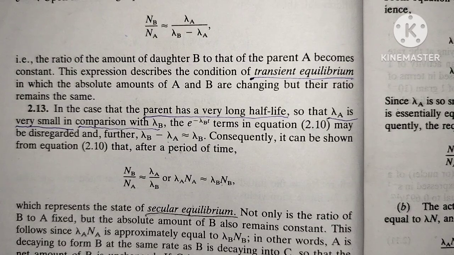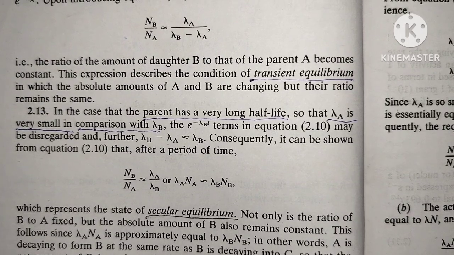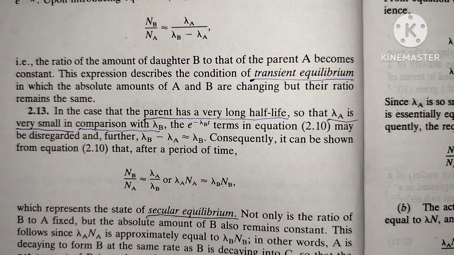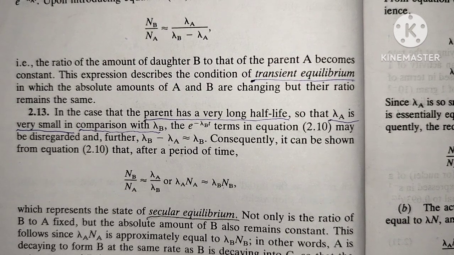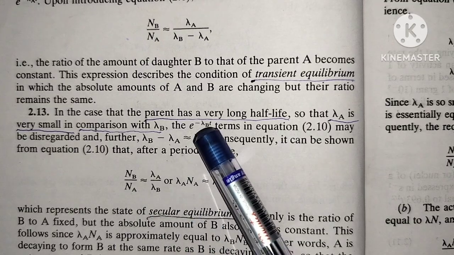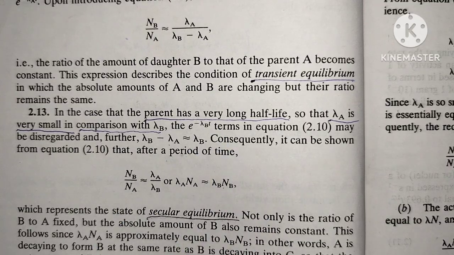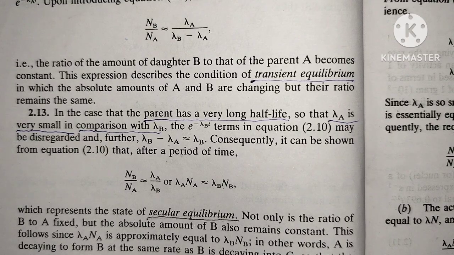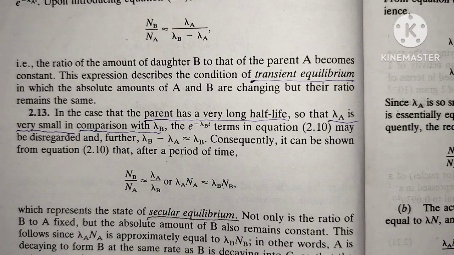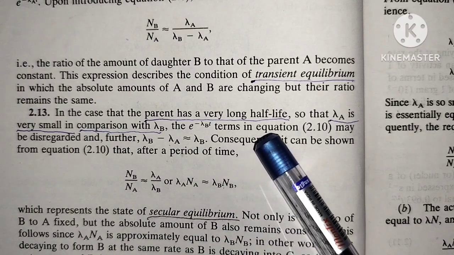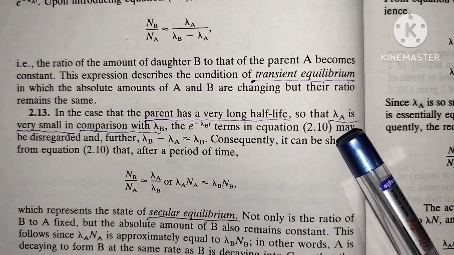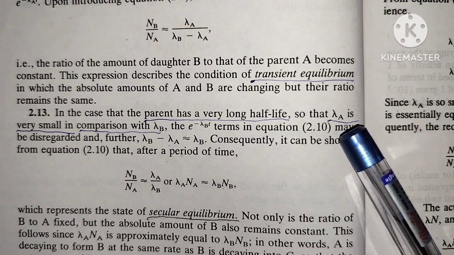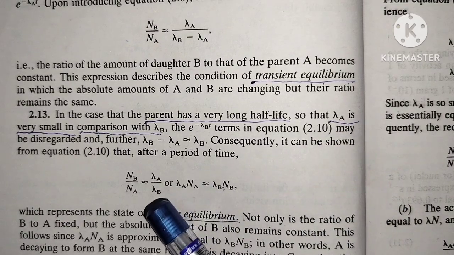One more equilibrium we will also discuss. Here also we have to make a condition: the parent has a very long half-life. In the previous case it was appreciably higher, but here a very long half-life, so that lambda A is very small.